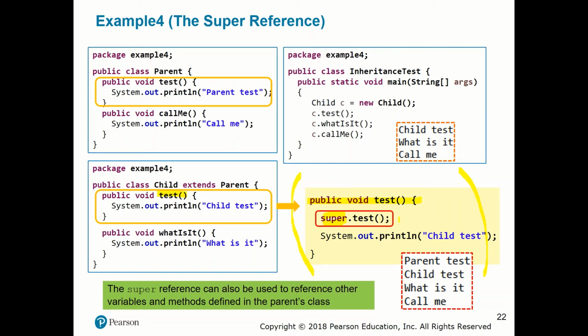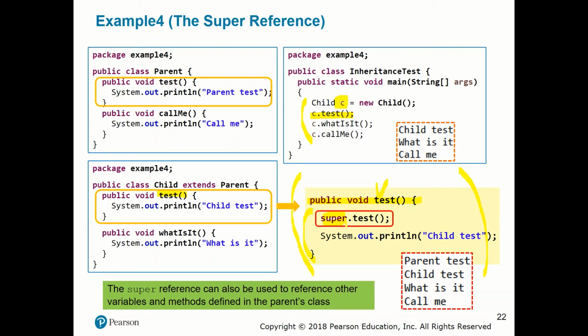Then when we execute this main code, at first object C is created and C.test. So the computer sees if the test method is in the child class. And this is the test method in the child class. So the computer executes this code. The first thing the computer will execute is super.test.